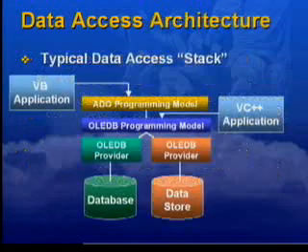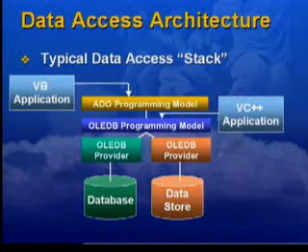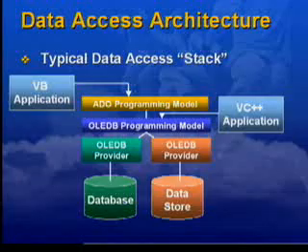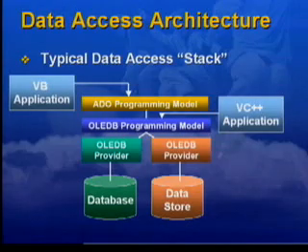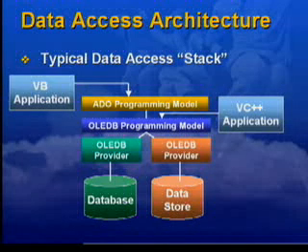So a typical data stack on a desktop machine would look something like this, where you'd have an ADO programming model, which is basically the ADO object set. That's mapped down to an OLEDB object model. And underneath that is the jump-off point where people can innovate and we can have multiple OLEDB providers. You see this on the desktop.